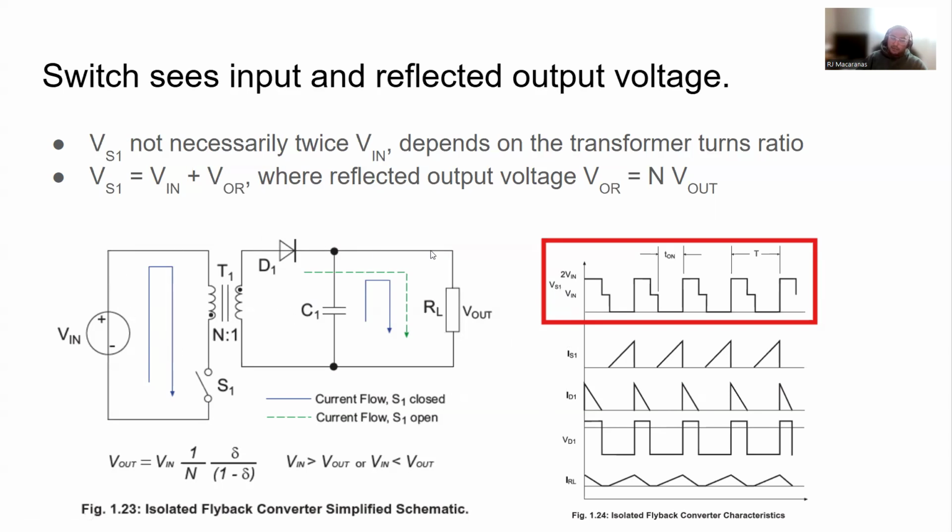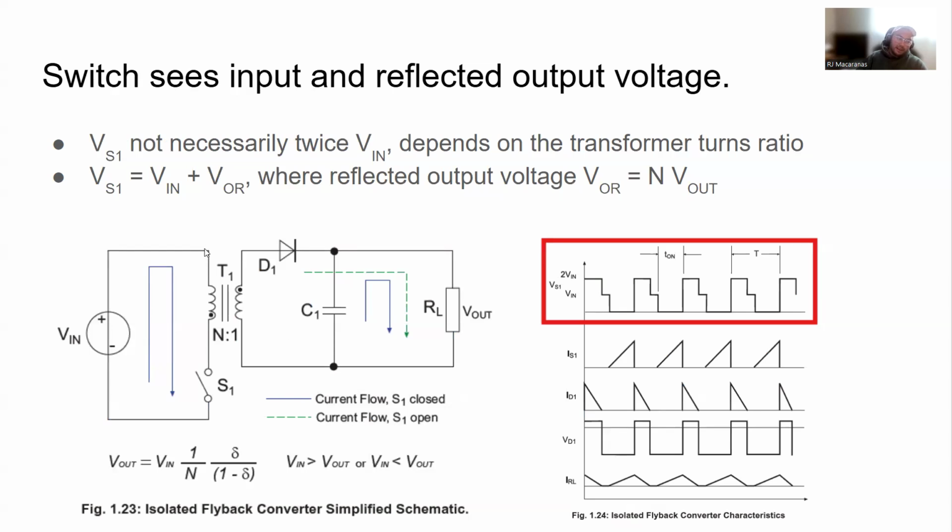It's actually going to depend more on the transformer turns ratio because this will cause the output voltage to be reflected back into the input, right? So this switch will see V in, but it's also going to see the voltage across this primary winding here. And that's going to depend on the turns ratio, right?